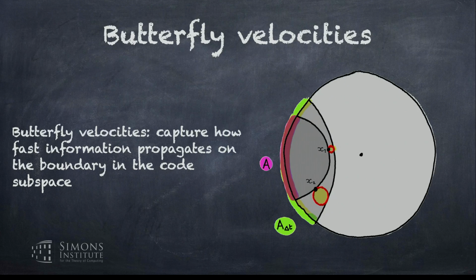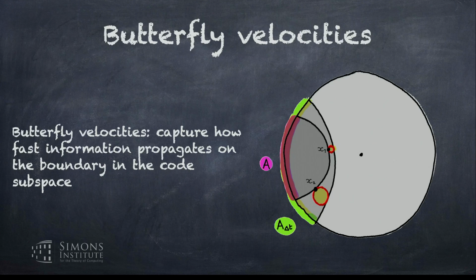Okay, and to explain why this kind of time dilation is something we want, we're going to have to talk briefly about butterfly velocities. Butterfly velocities capture how fast information propagates on the boundary in the code subspace. The idea is that we have some information that at time t1 is living in this bulk region, which lives in the entanglement wedge of A. Then when we let time evolve, after time delta t, this information has spread to live in a slightly larger bulk region, which is in the entanglement wedge of the boundary region A delta t.